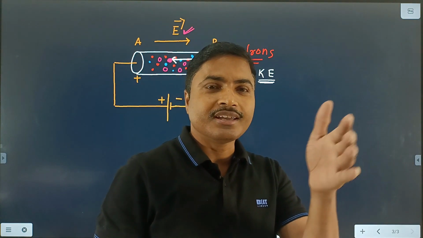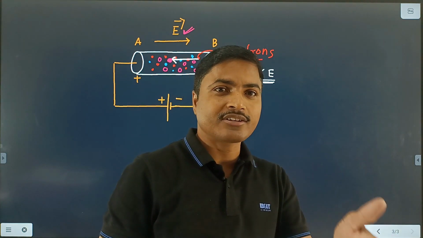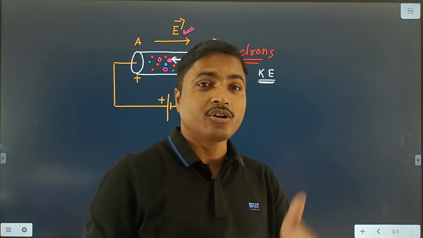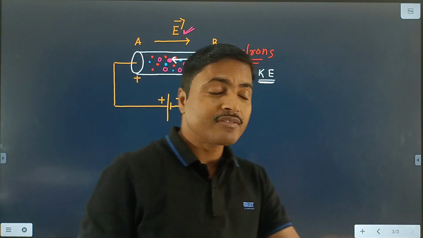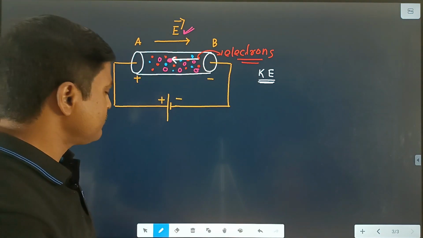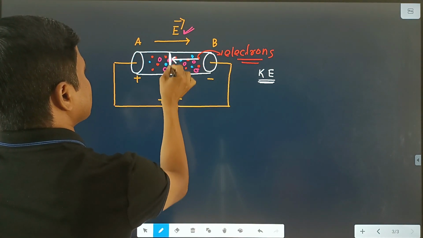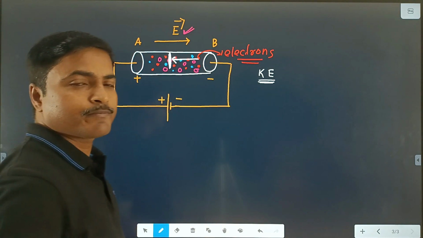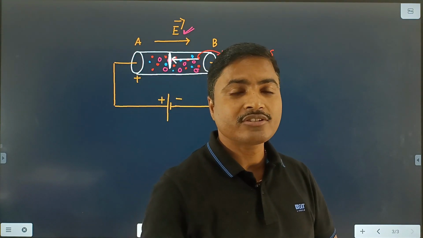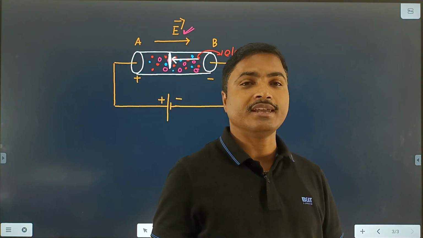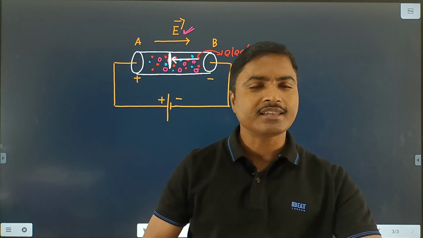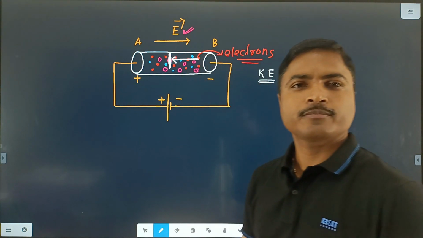When an atom gains energy, or when energy is transferred from electron to atom, the atom starts to vibrate. If the atom starts to vibrate, then heat is produced, you know that, and that is known as Joule's law of heating effect.